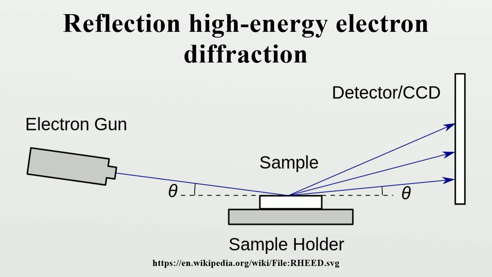RHEED-TRAXS. Reflection high-energy electron diffraction total reflection angle X-ray spectroscopy is a technique for monitoring the chemical composition of crystals. RHEED-TRAXS analyzes X-ray spectral lines emitted from a crystal as a result of electrons from a RHEED gun colliding with the surface.